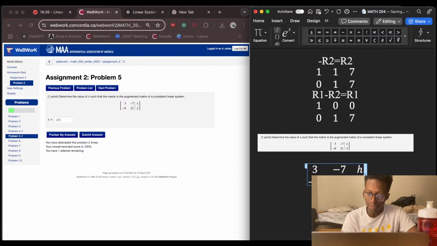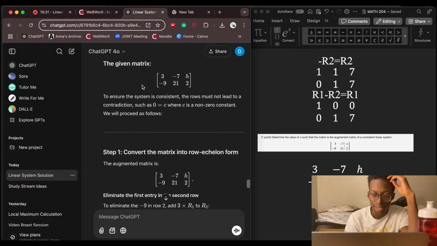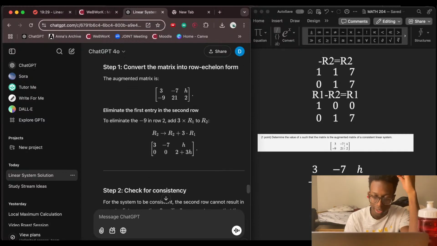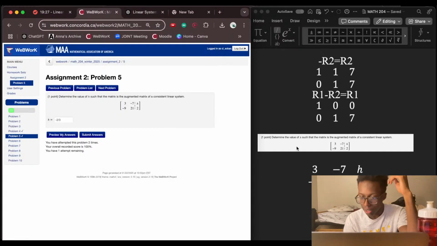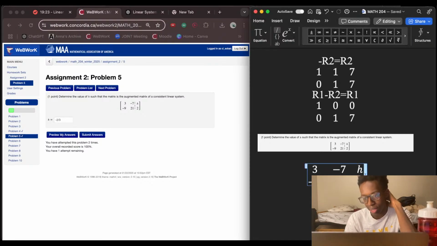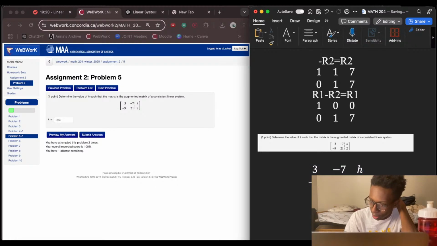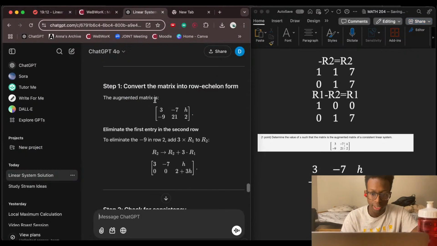Now we want to move the other one to the bottom. I think they swapped it, or did they? No, they didn't swap it, they just added it. So for this one, because I need it to be this way, we'll multiply by -3 and add it over there. Or did they actually?